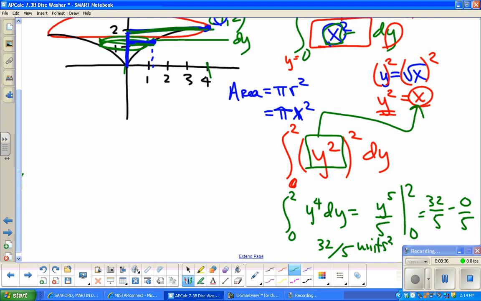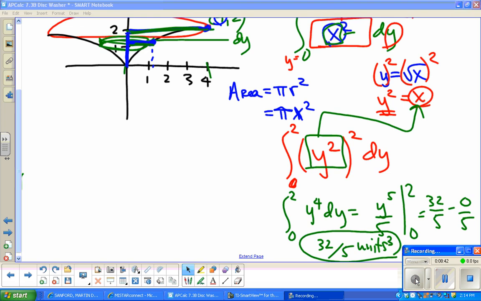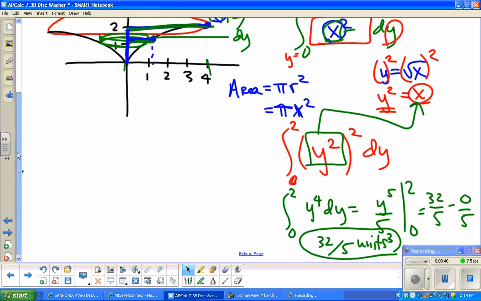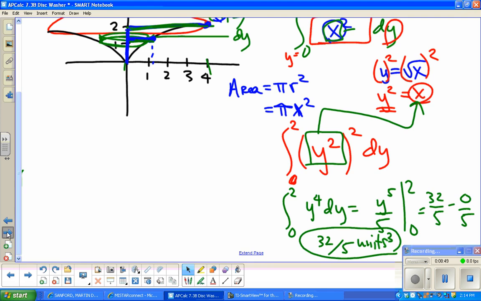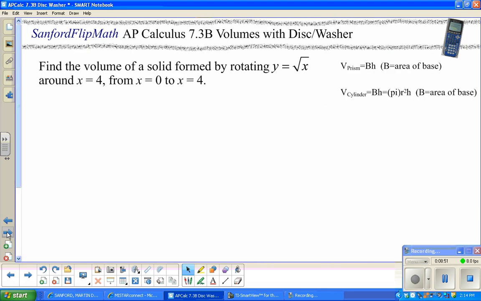And since there are no units shown, I don't really need to do those units. So the picture is critical, and we'll do a couple more examples just to clarify how critical those pictures are, because you really have to be able to see where the radius is.